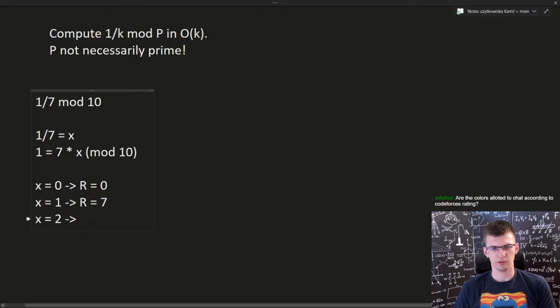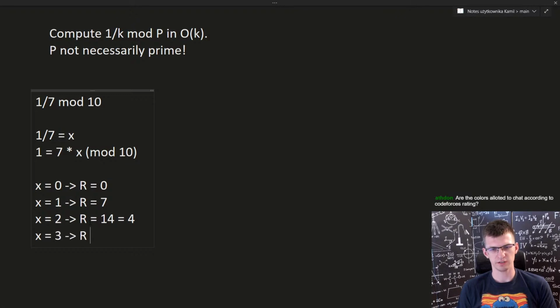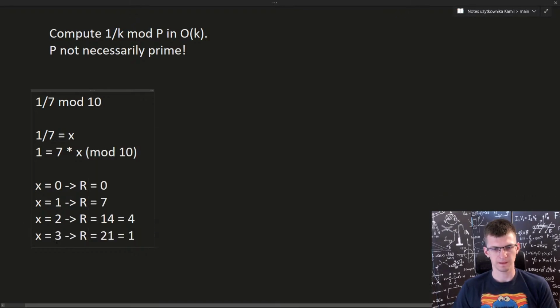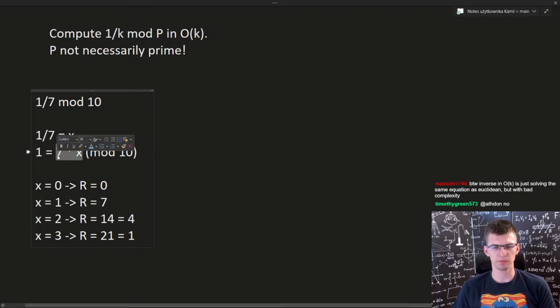For x equal to 2, the right side is 14, which is equal to 4. For x equal to 3, it is 21, which is equal to 1. Done. So x is equal to 3. I found such x that after multiplying by 7, it has the proper remainder modulo 10.